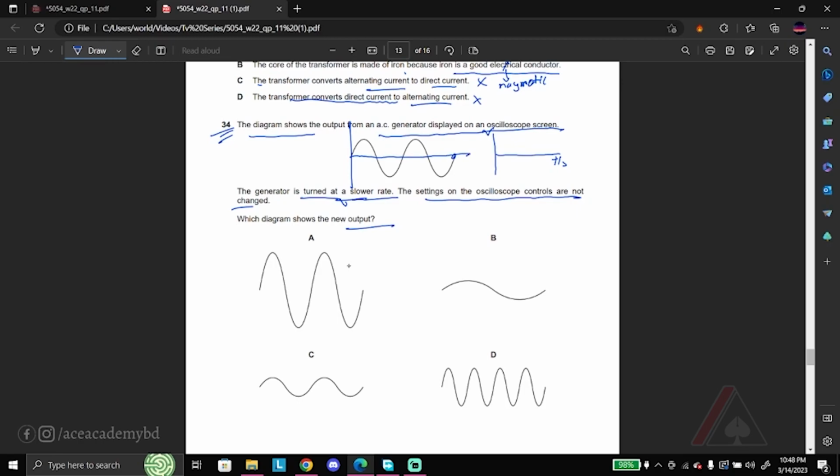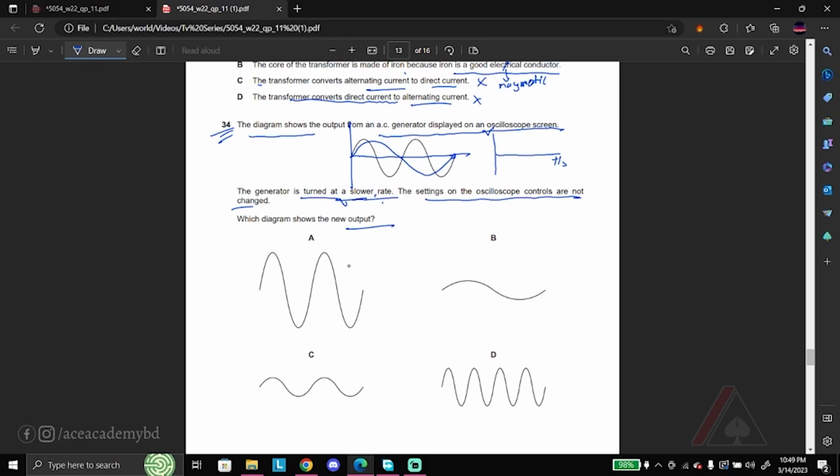figure of the oscilloscope. If it's turned at a slower rate, it means the frequency, or the number of oscillations per unit time per second, will be less. So the graph will look something like this. There will be fewer wavelengths in 1 second.